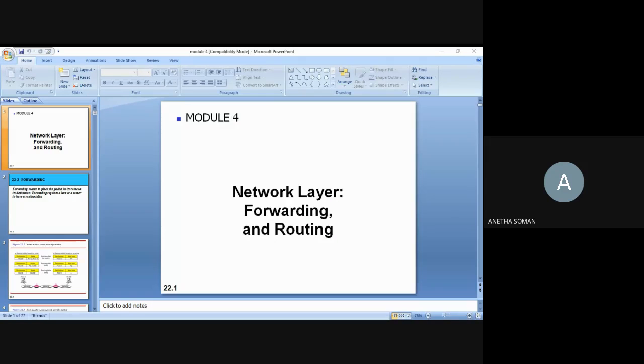What is routing? And what is forwarding? Kavya, you can answer.